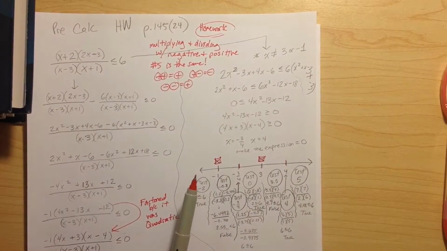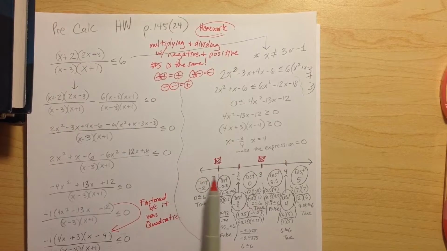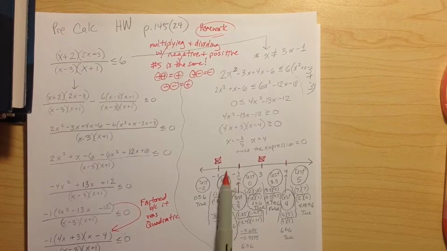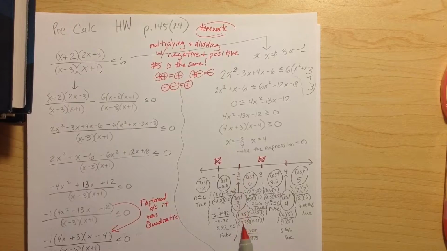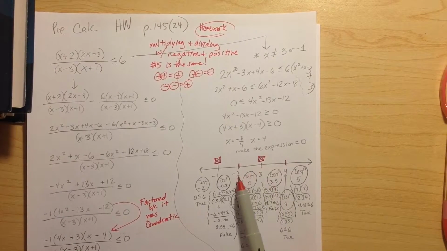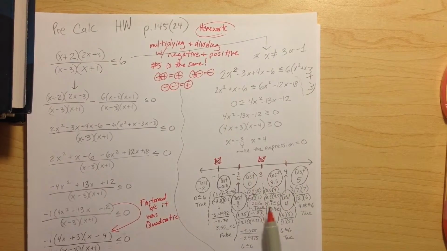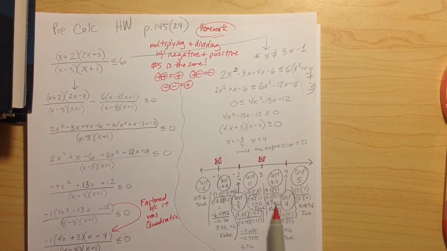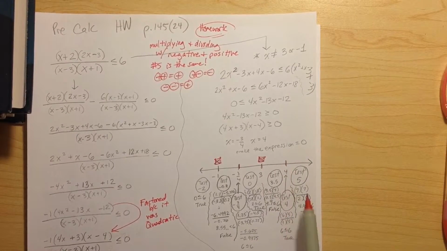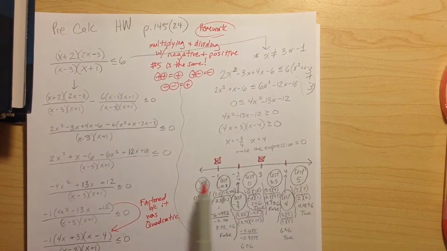So I tested numbers to the left of -1, between -1 and -3/4. I tested -3/4 exactly. I tested between -3/4 and 3. I tested between 3 and 4. I tested 4 exactly. I tested above 4. So in the end I had to test 7 different pieces there.